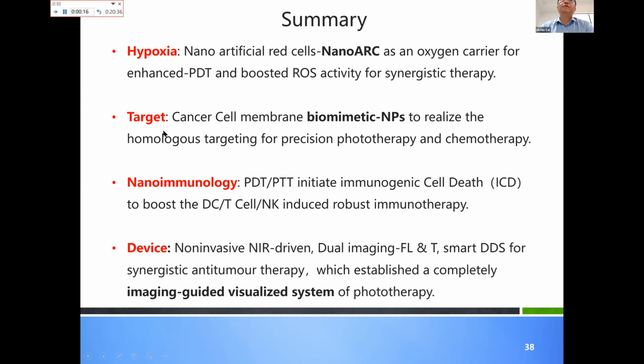Second, we use cancer cell membranes and other cell membranes such as T cells, NK cells, and CAR-T for biomimetics, to realize homologous-targeting phototherapies. And use PDT to initiate immunogenic cell death and boost our immunotherapies. We have also tried to fabricate some non-invasive devices to achieve image-guided visualization systems.